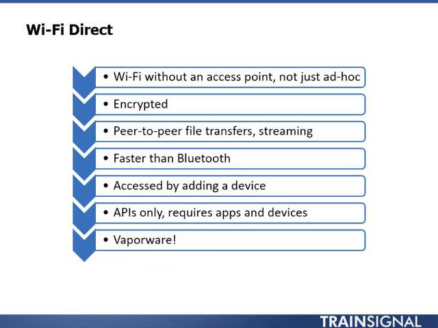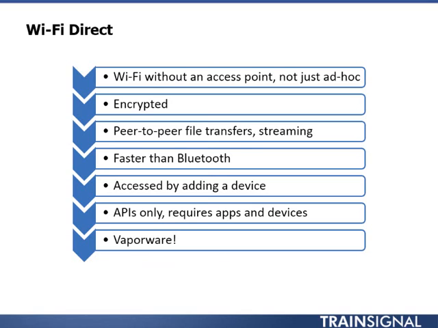And it's accessed by adding a device in Windows 8. So you can go to the devices page of PC settings, and if your computer has Wi-Fi Direct and there's another available Wi-Fi Direct device, a smartphone or a digital media receiver or something, you'll be able to just click it. You don't even need to know that Wi-Fi Direct exists. Right now, the current state of Wi-Fi Direct is that Windows 8 has some APIs built in.